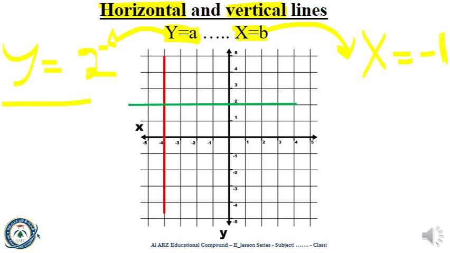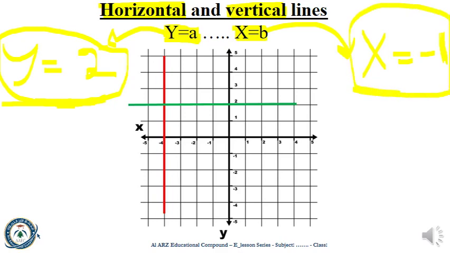A horizontal line is a line that comes in this form, y equals a number, any number. We are going to teach you how to find this number in a moment, but this is the idea. If it's horizontal, its equation is in the form of y equals any number.